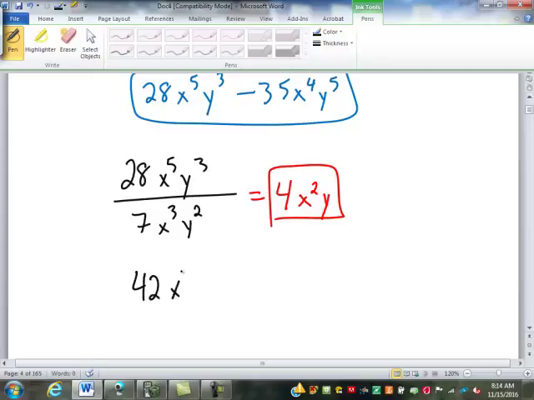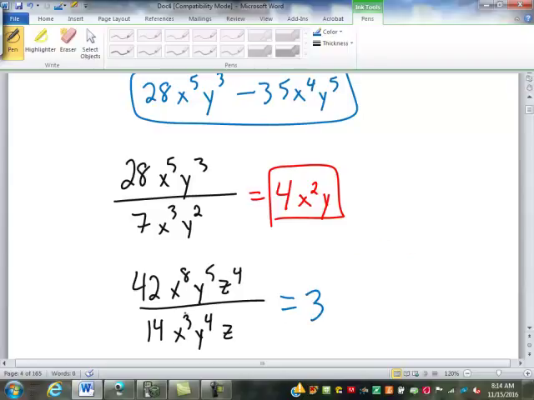So we have 42 x to the 8th, y to the 5th, z to the 4th, divided by 14 x to the 3rd, y to the 4th, z. So 42 divided by 14 is 3.